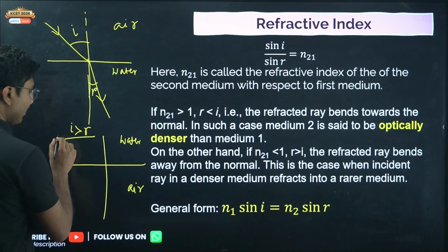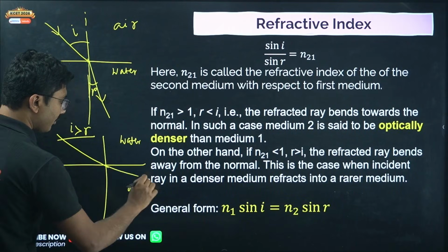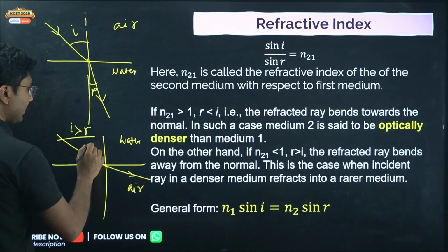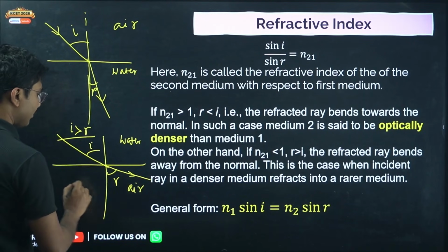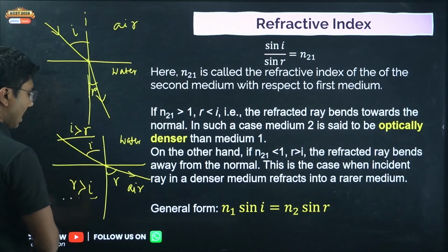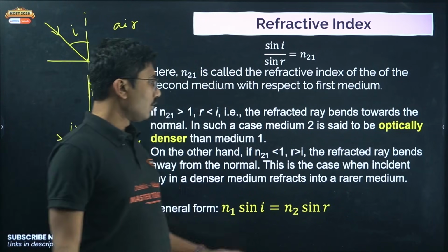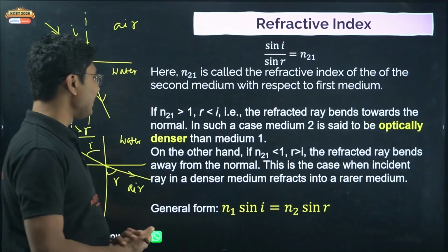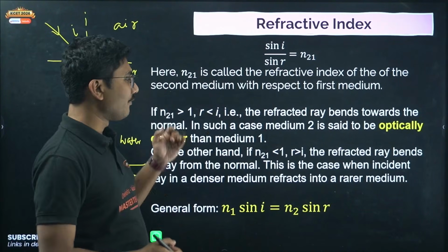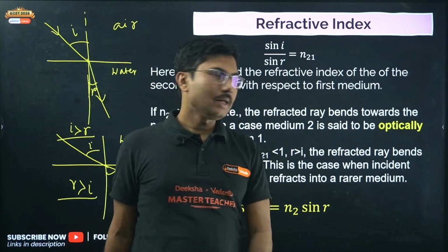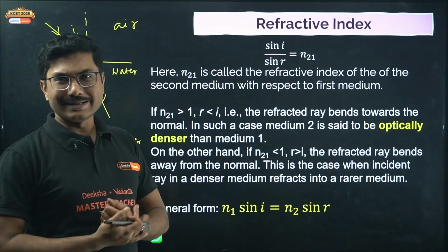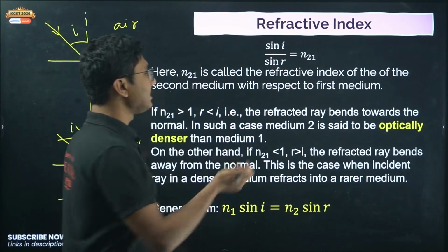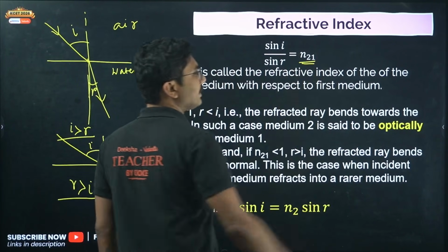In this case the light ray bends away from the normal. So r increases, r is more than i. This is the case when an incident ray in a denser medium refracts into a rarer medium. Here density means optical density, and optical density is measured using this value.